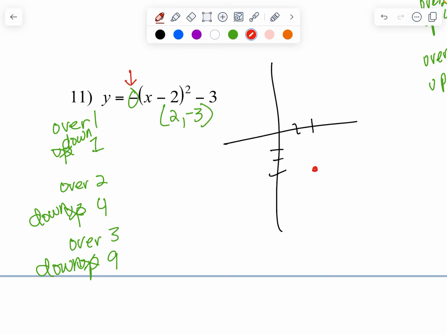So you're going to go over 1, and instead of up, you go down 1. Over 2, and then instead of up 4, we're going to go down 4.